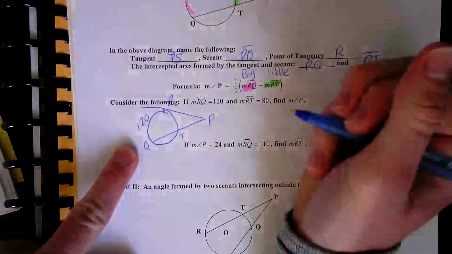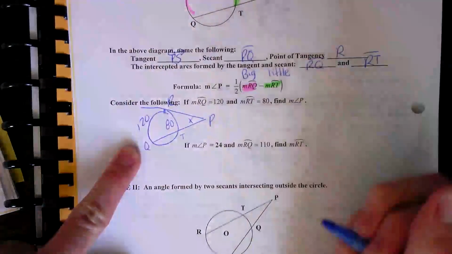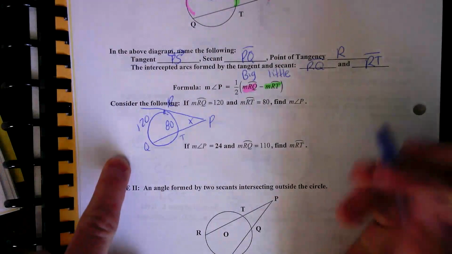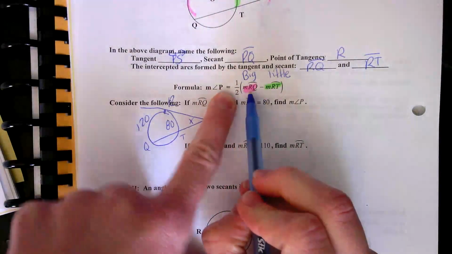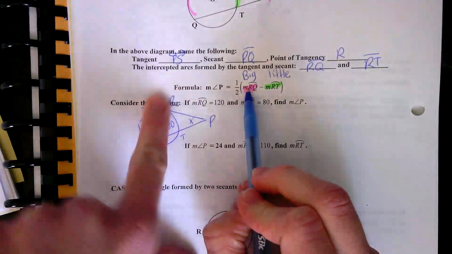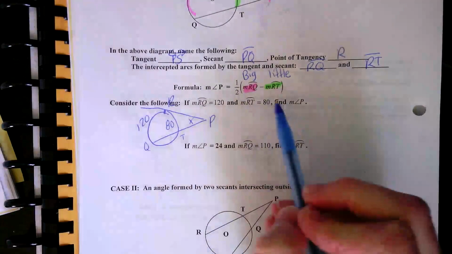So RQ is 120. RT is 80. And we want to find the measure of angle P. Okay. So now to find angle P, again, we take 1/2 of the measure of RQ minus the measure of arc RT. Okay.